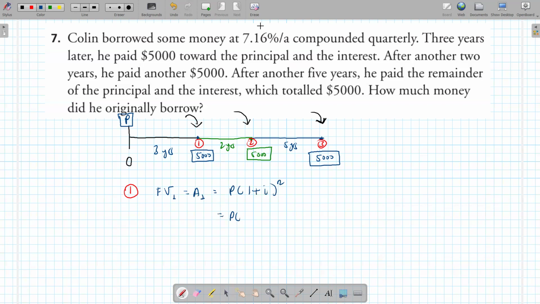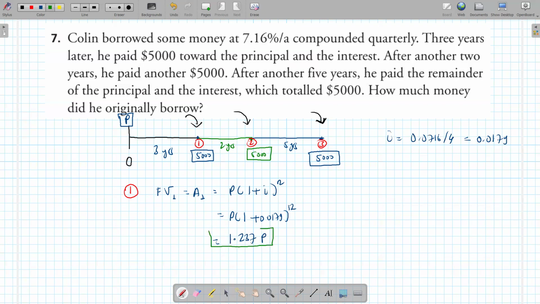So what do we do with the interest rate? You divide by 4. So 0.0716 over 4 is 0.0179. What do we do with the n value? We multiply it by 4. So 3 times 4 is 12. So at this point, the amount that he owes is 1.237 times the initial amount P.